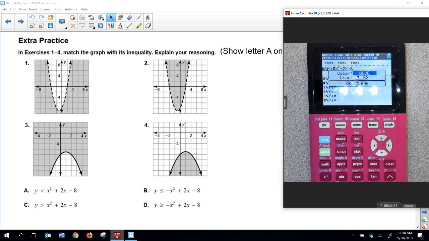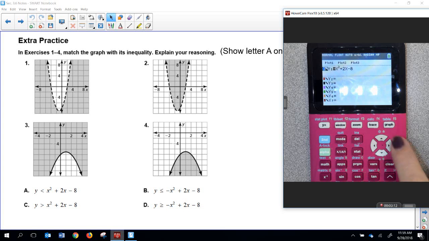When we have a triangle like that in the upper right corner, that means greater than. If I go again to the right, it gives me this triangle. This triangle is for less than. Okay, so I want less than in letter A. So I'm going to push enter and enter again. Can everybody get that triangle to show up like that?